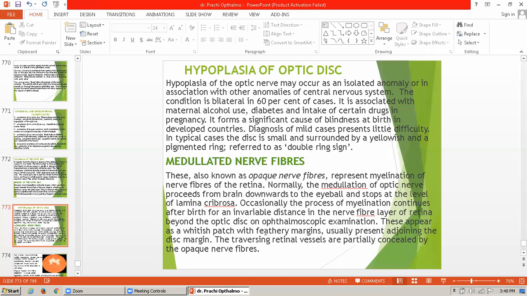So occasionally the process of myelination continues after birth for a variable distance of the nerve fiber layer of the retina, which is beyond the optic disc on ophthalmoscopic examination. And these appear as a whitish patch with feathery margin, also present adjoining the disc margin, and traversing retinal vessels are partially concealed by the opaque nerve fiber.